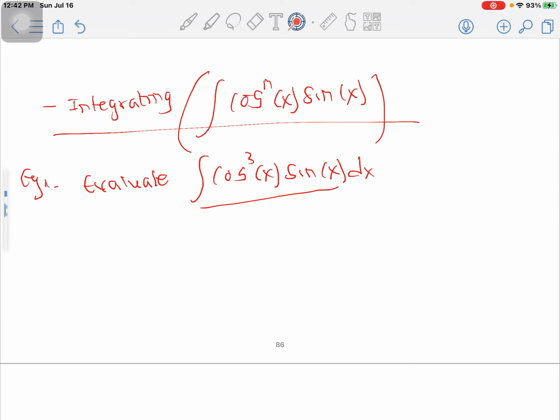For example, cos is one of the trigonometric ratios, right? And the sine is one of the trigonometric ratios, right? And when you get a question like this, you ask yourself, how can I make everything in terms of cos so that it will be easy to integrate? Or how can you make everything in terms of sine so that it will be easy to integrate?